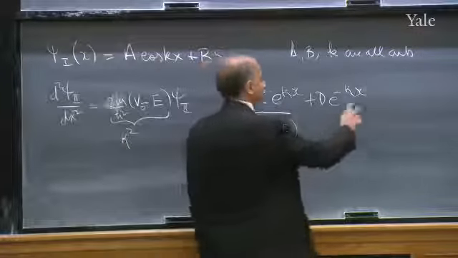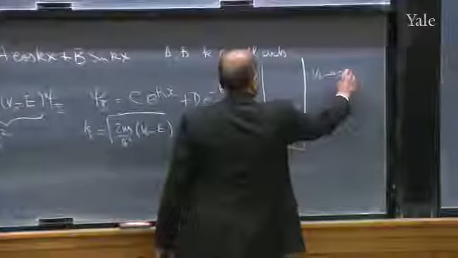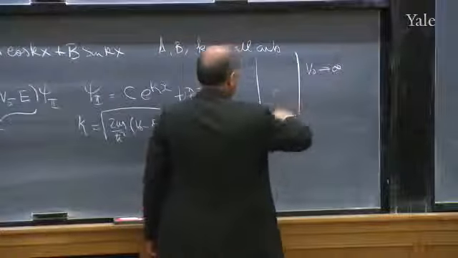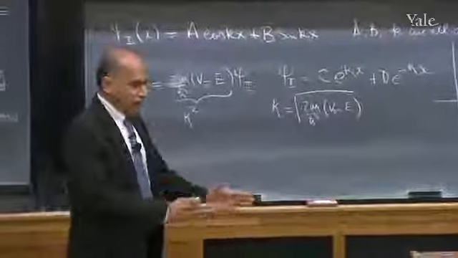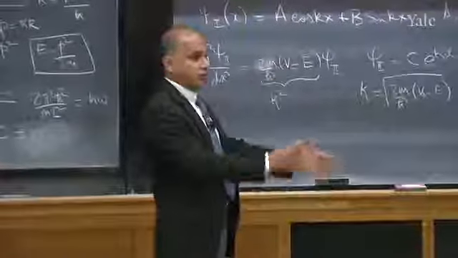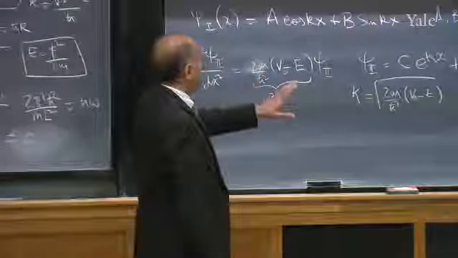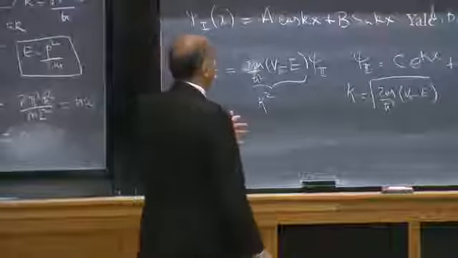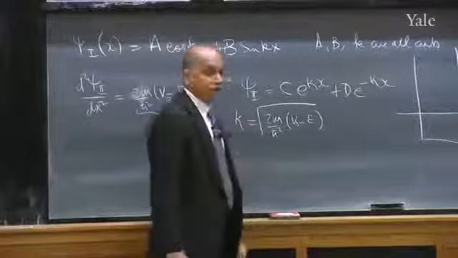In other words, I'm going to consider the well to be, in the end, infinitely deep, and the energy of the particle, whatever it is, some finite number, because I want to send the walls to infinity. That's called a particle in a box. So I'm taking V0 finite, but very, very large. Then it's very clear that V0 minus E is a positive number. This kappa is what I have here.